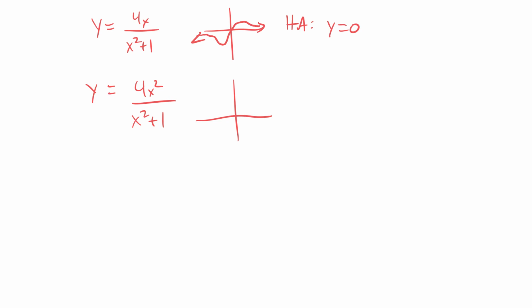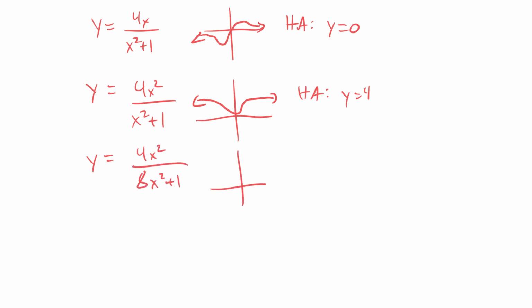That was kind of a weird valley shape, and that had the horizontal asymptote at y equals 4. Then we put an 8 on the bottom, and that suddenly shrunk the graph way down, became just a little itty bitty graph with a horizontal asymptote at y equals 1/2.